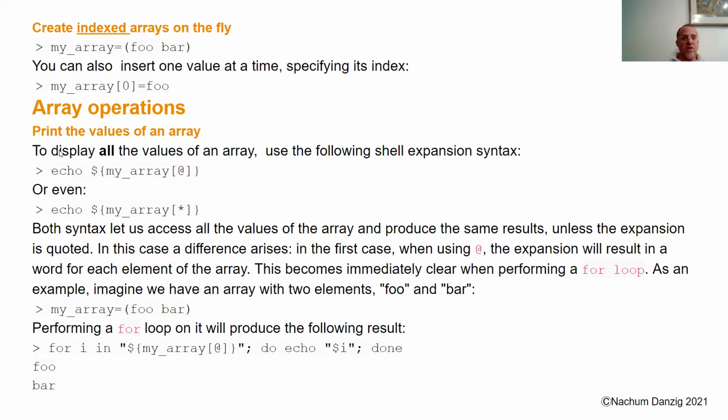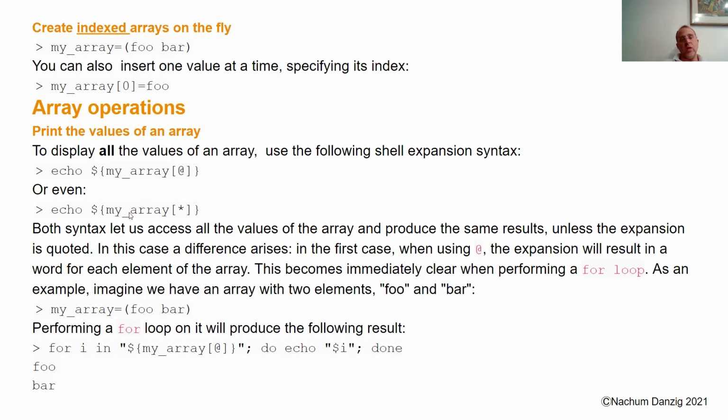Anyway, to display all the values of an array, well, we saw this syntax before in one of my examples. You do echo ${my_array[@]}. So there's sort of a logic to it: the variable is the single thing that is the array, but here I didn't write a number, I wrote this @ sign, which means the whole thing.